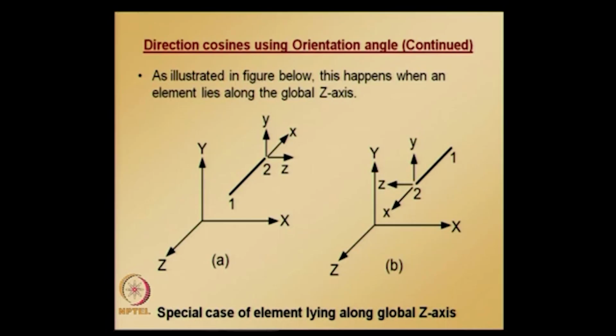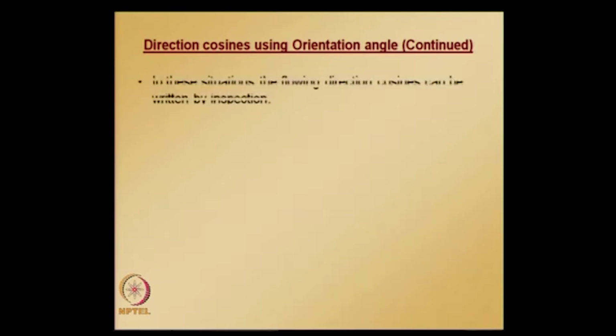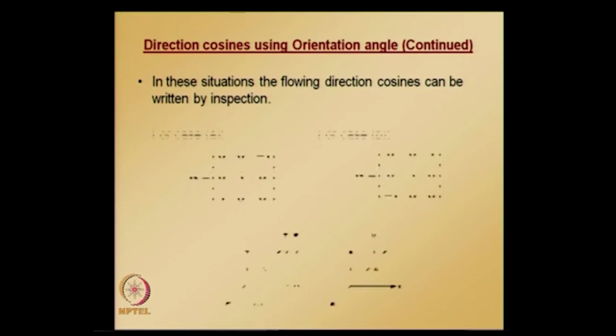So, we can easily figure it out by inspection, instead of using that formula. We can find the cosine of the angle between small x and capital X, the cosine of the angle between small x and capital Y, and similarly the other components of the rotation matrix. In this situation the following direction cosines can be written by inspection.